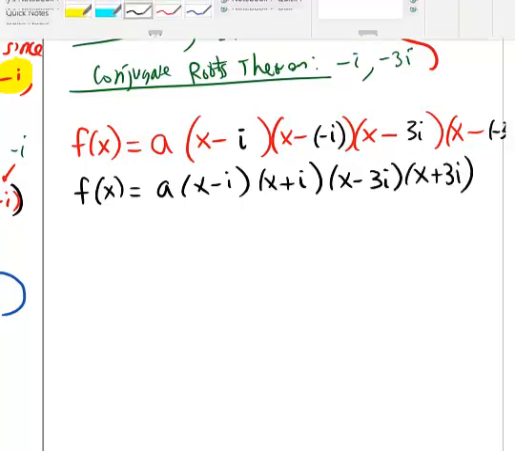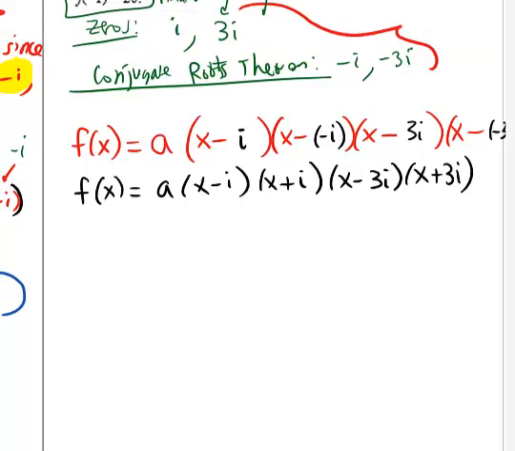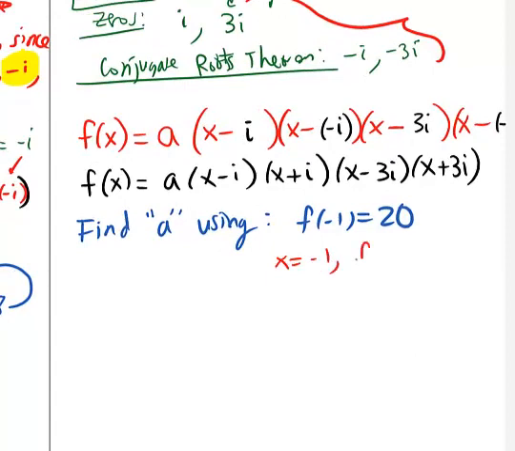Alright, so my last step is to find a, but I can do that using that last fact that we haven't used yet. Find a using the fact that f of -1 is 20. Because that should mean that I can replace x with -1, and f of x with 20, because f of x is the same as the y value.